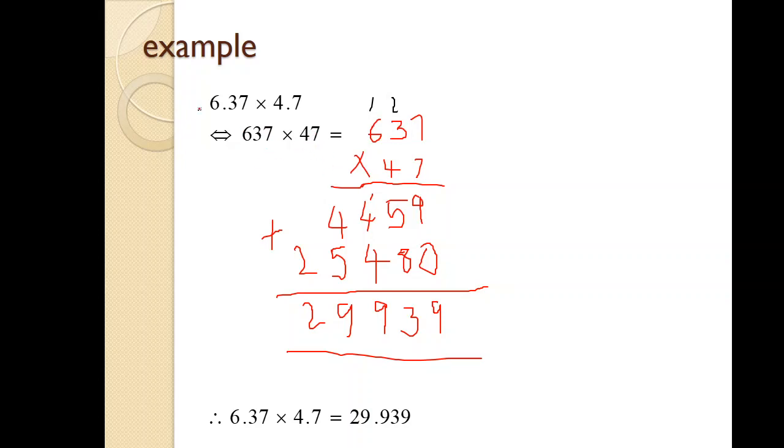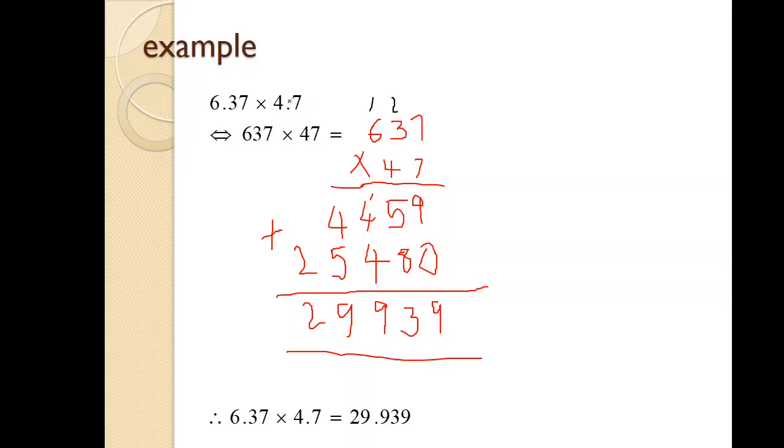To get the answer to 6.37 multiplied by 4.7, here we need to place the decimal point in this answer at the correct place, of course. So to do that, you can just come back to this calculation.